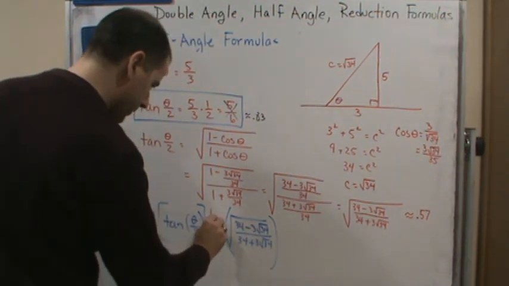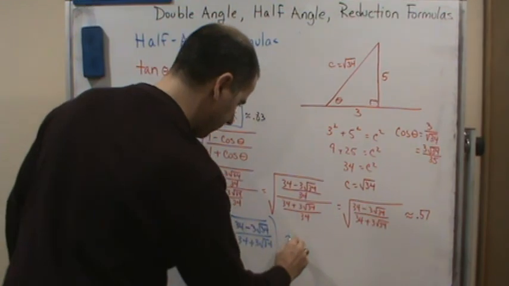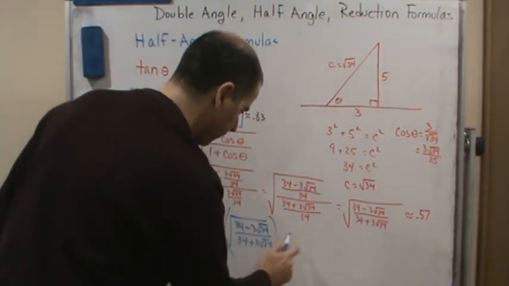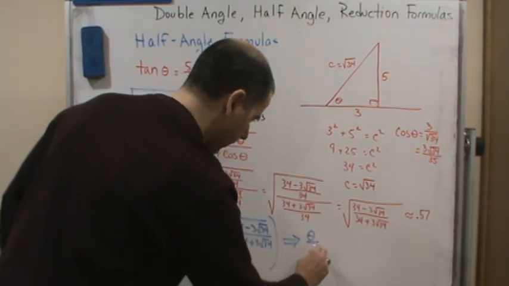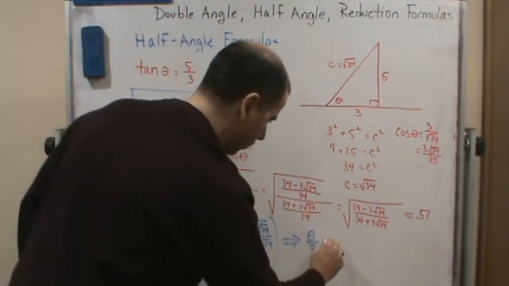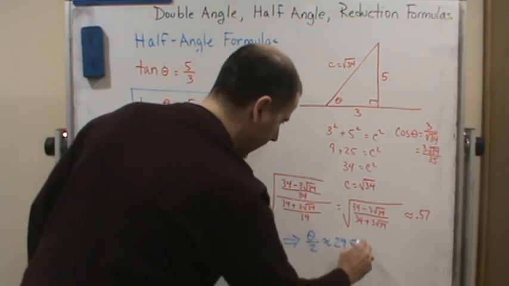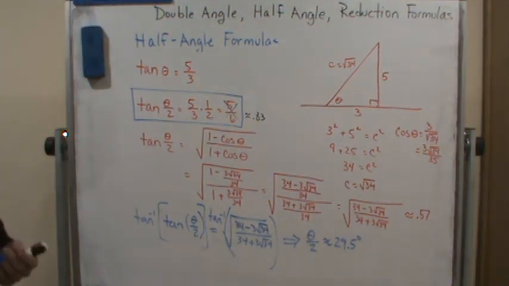So I took the inverse tangent of both sides, of this entire thing, and that gave me theta divided by 2 of approximately 29.5 degrees, instead of 29.7 degrees.